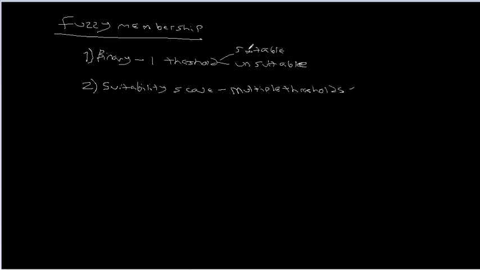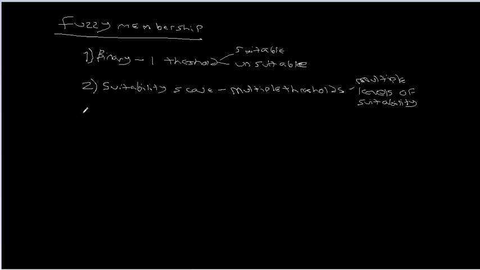And this gave us multiple levels of suitability. But we had to have thresholds. We had to be able to pick specific cutoff points to take continuous variables and make them categorical.